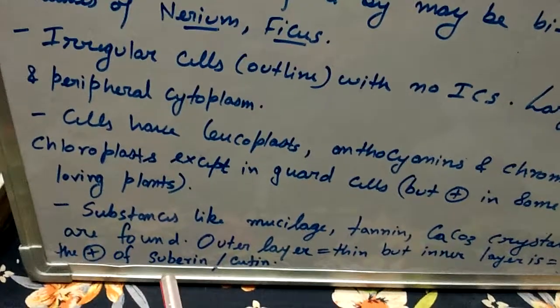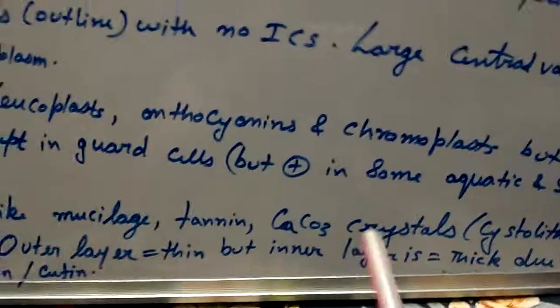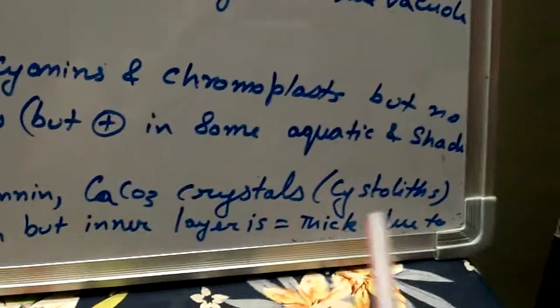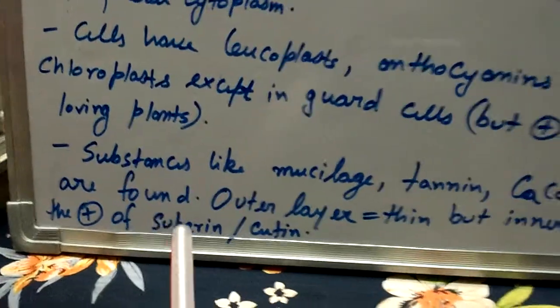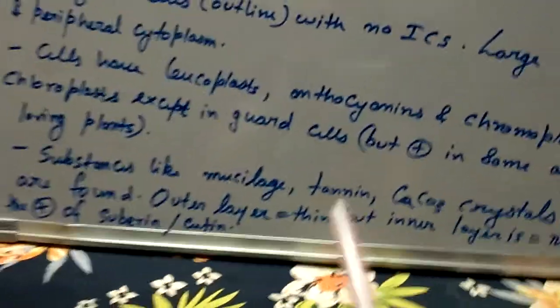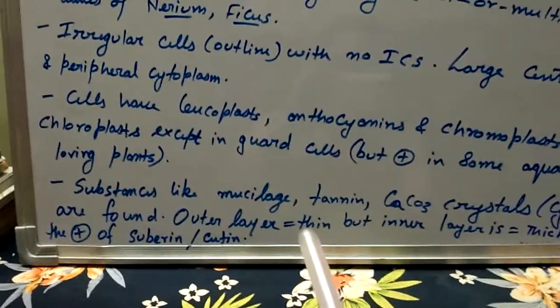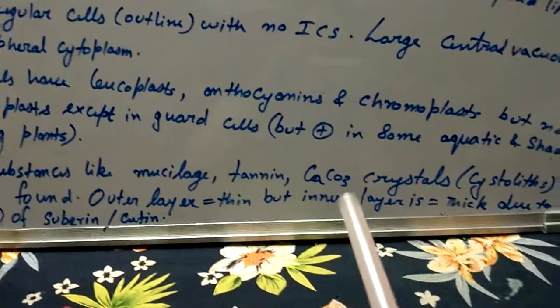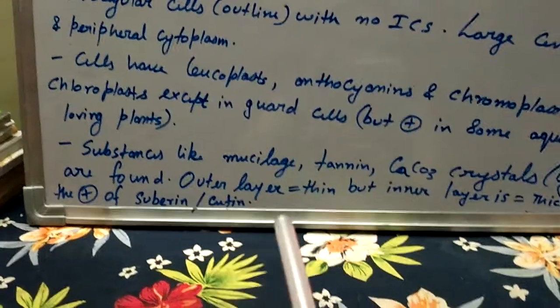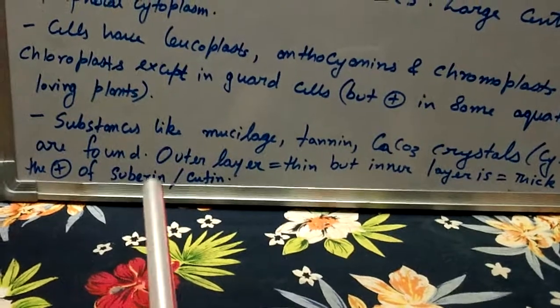Substances like mucilage, tannin, calcium carbonate crystals, which are commonly known as cystoliths, are found in case of epidermal tissue system. So these are very common in epidermal tissue system. Outer layer is thin, but inner layer is very thick due to presence of substances like suberin or cutin.